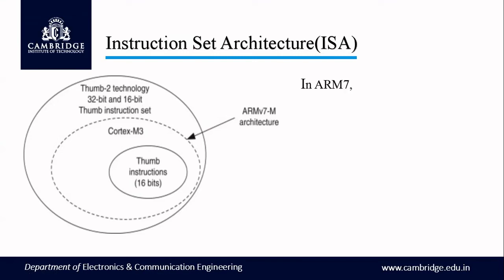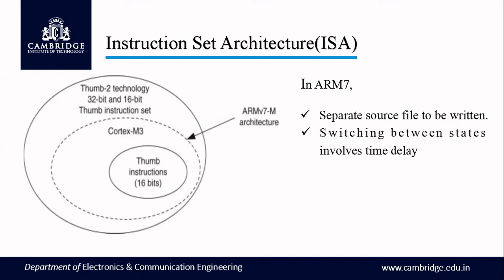In ARM 7, we have the thumb instructions introduced, right? So in version 4, we have seen V4T, right? So we have the thumb instructions introduced, but we had to write a separate source file for ARM and thumb instructions, which led to time delay because of the switching between the states, and in turn, this also gave memory alignment problems. So these were the problems faced with the ARM 7 processors even after the introduction of the thumb state.